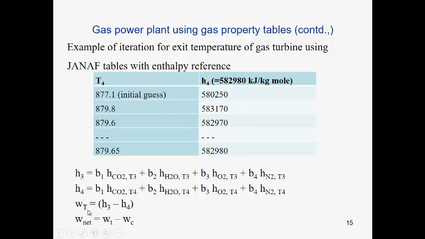So the output from the gas turbine is H3 minus H4, and the input to the air compressor is H2 minus H1. So the net output from the gas turbine as well as this entire gas power plant is WT minus WC.